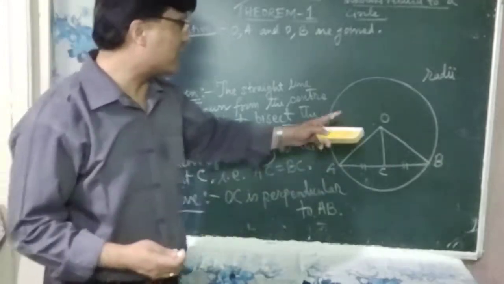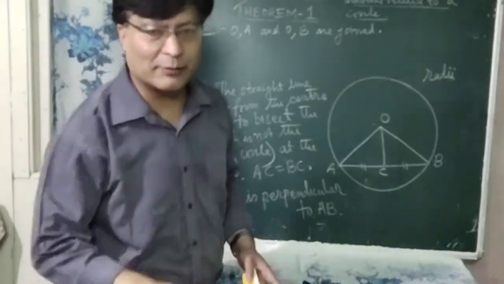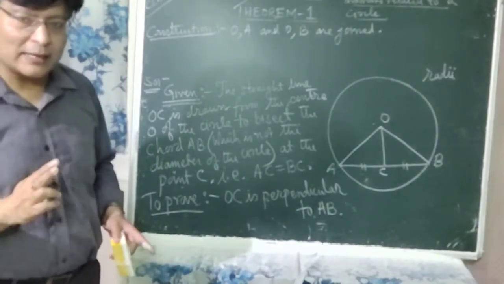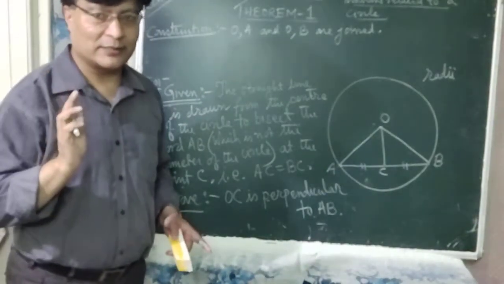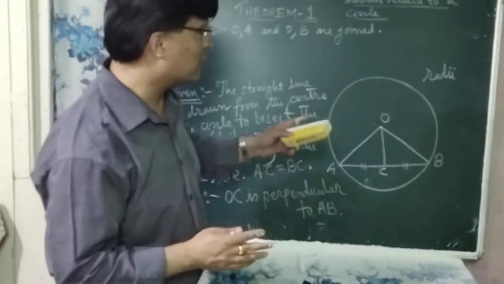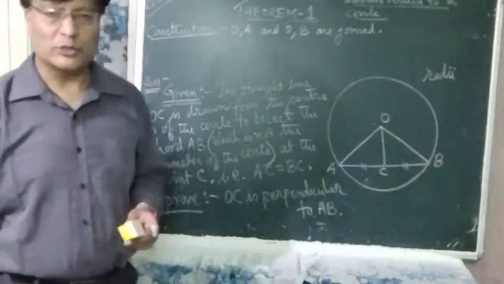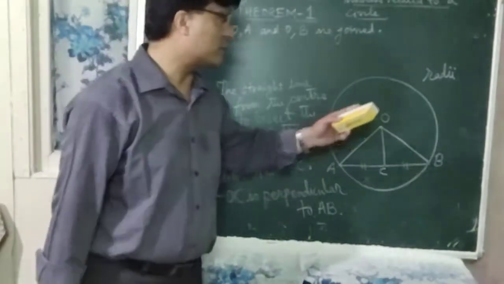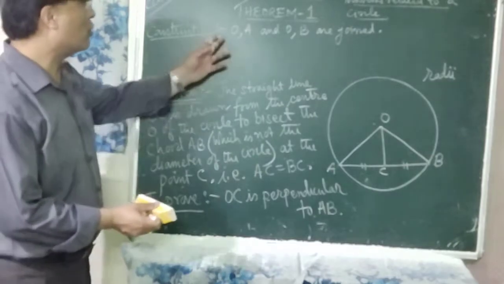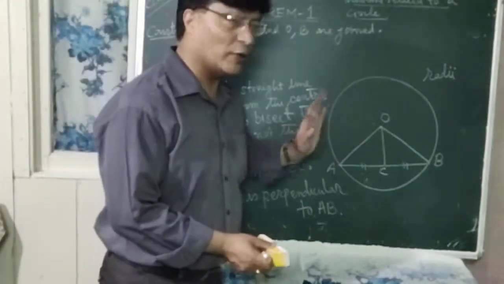Radii. दुईटा radius भएको कारणले गर्दा यसलाई हामीले radii भन्छौं, plural. नेपालीमा हामीले यसलाई बहुवचन भनेर भन्छौं. ठीक छ?